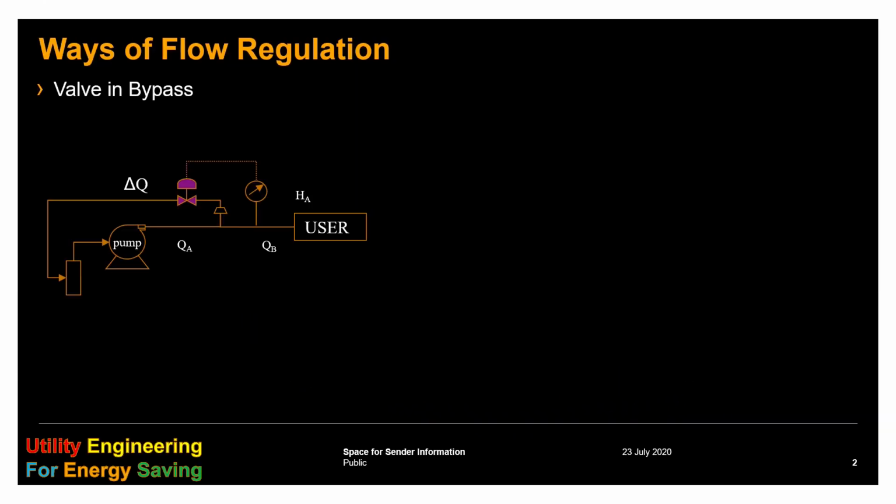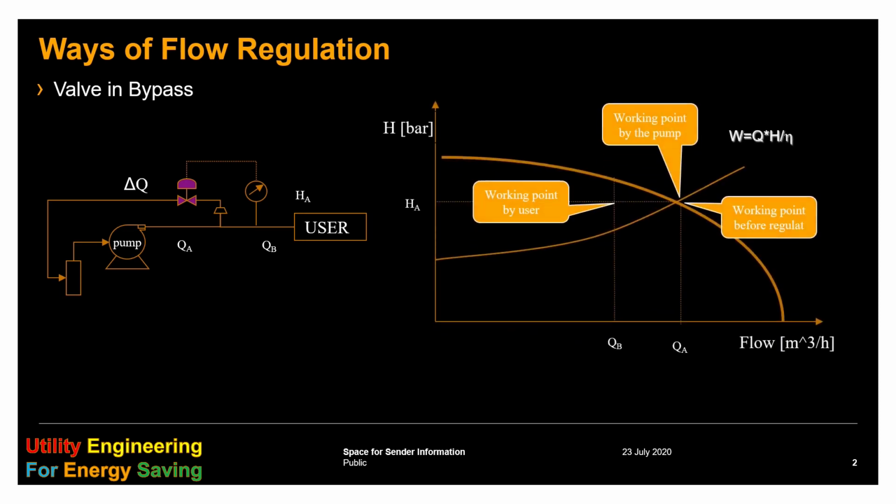Okay, we start from the valve in bypass. What does it mean? It means the flow, which is not demanded by the user, is recirculated back. Definitely, the pump is seeing only the same flow and the same pressure, but just the user is affected by the change. The bypass is upstream of the user, and the pump is keeping the same consumption as before.